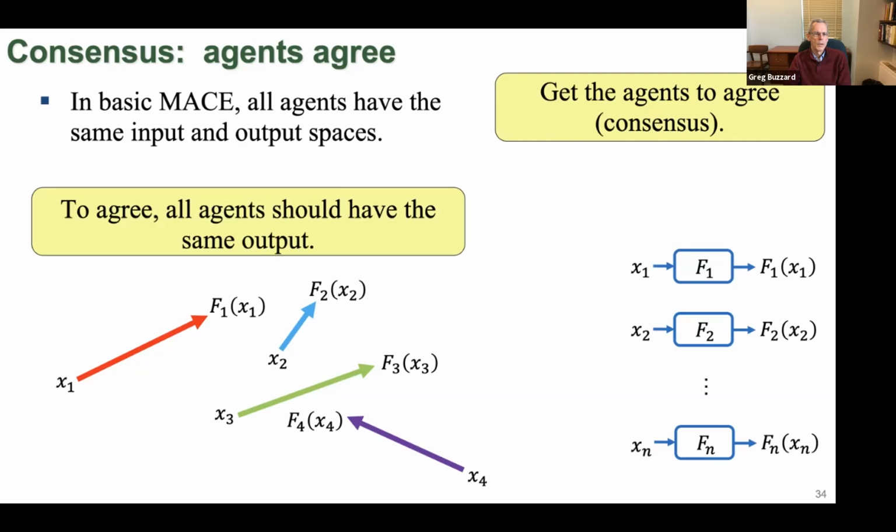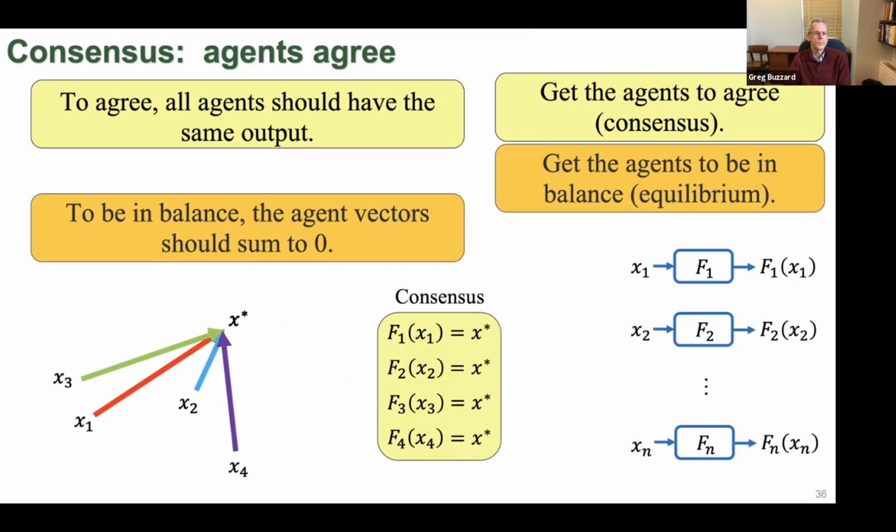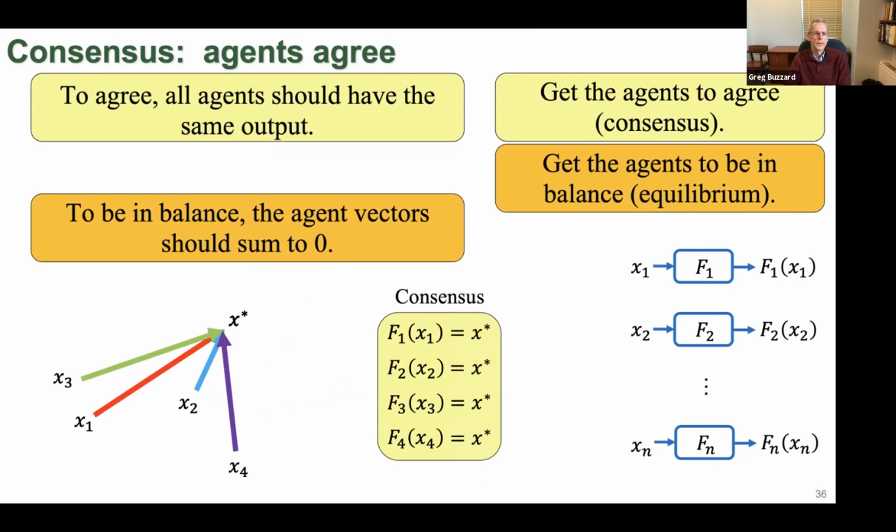So first of all, we want to make them have the same output. That's the idea of consensus. They might have different inputs, but they all have the same output point. That's the agreement or consensus part. And then to be in balance, the agent vectors should sum to 0.